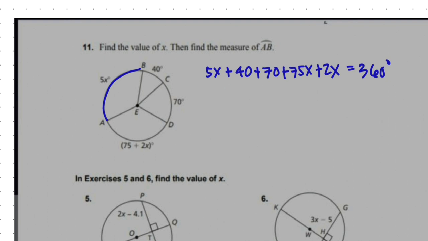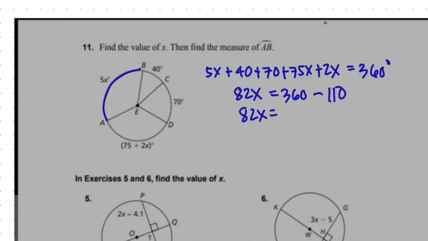So this is 7x plus, no, not 7x. 5x plus 2x is 7x. 75 plus 7. That's 82x equals 360 minus 70 plus 40. That's 110.